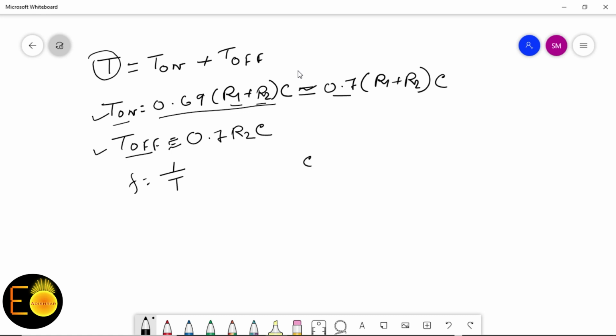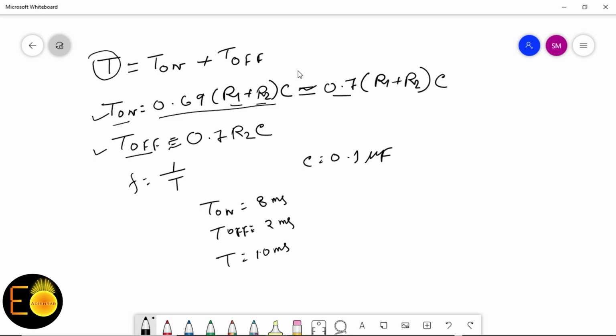I'm going to consider C as 0.1 microfarad, the same value that I considered for the monostable operation in my previous tutorial. I'm going to calculate the same thing. T on, for demonstration purposes, I'm going to set to 8 millisecond, whereas T off is going to be 2 millisecond, having a total time period of 10 millisecond.